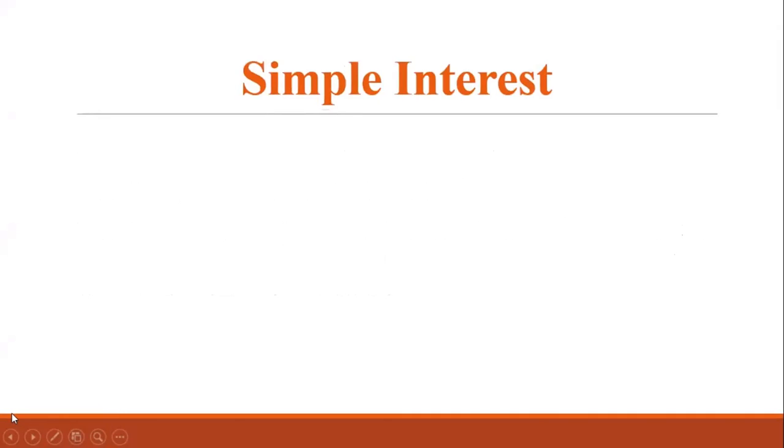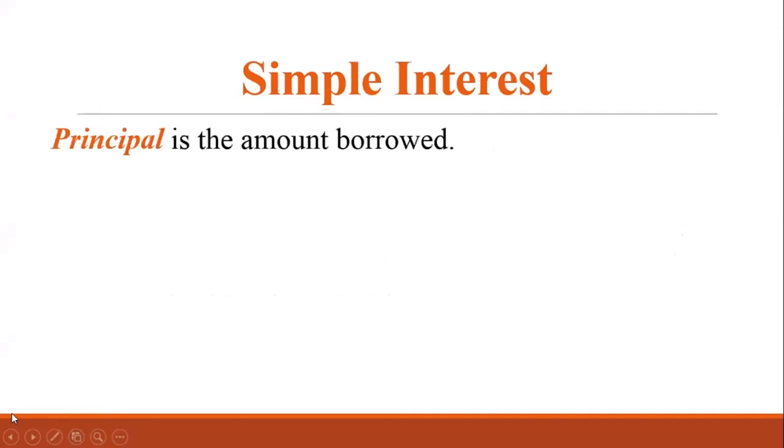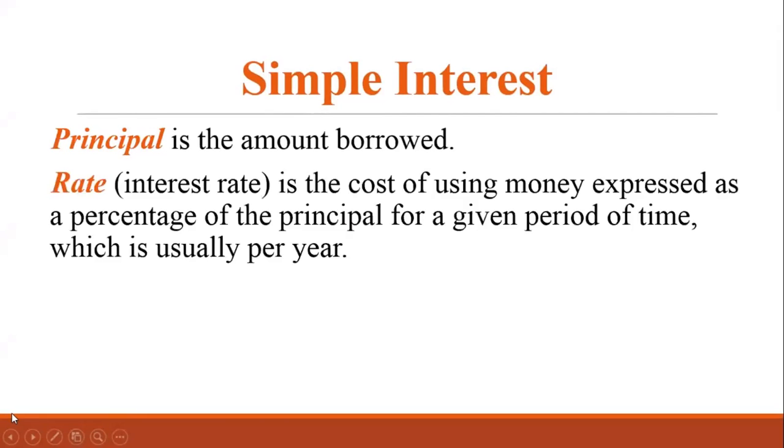So, we have here principal, which is the amount borrowed. And we have the rate or interest rate, which is the cost of using money expressed as percentage of the principal for a given period of time, which is usually per year.